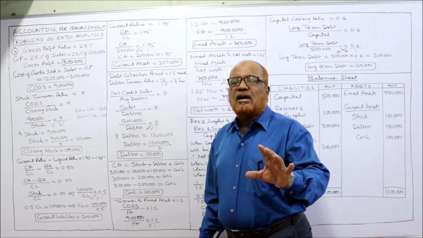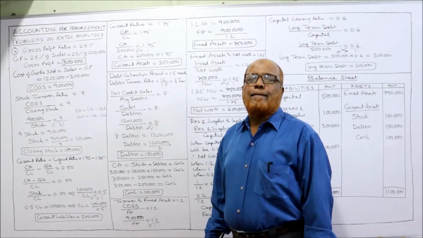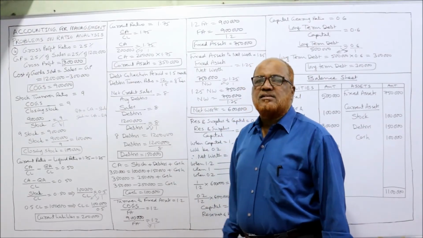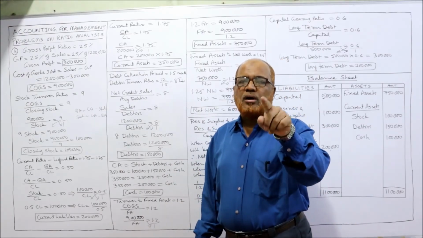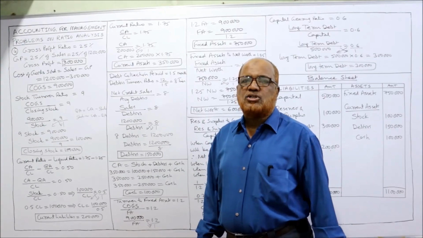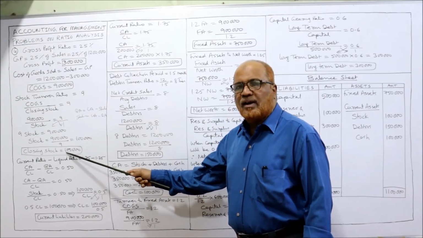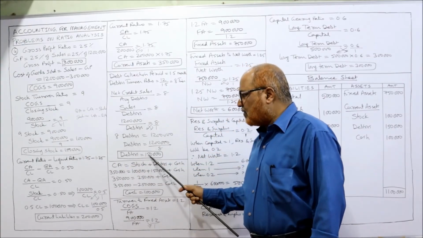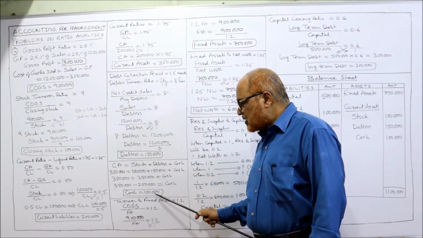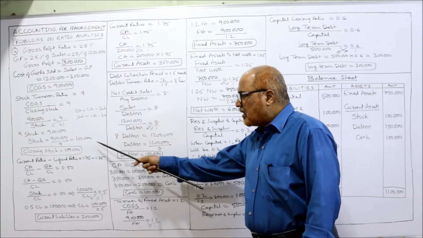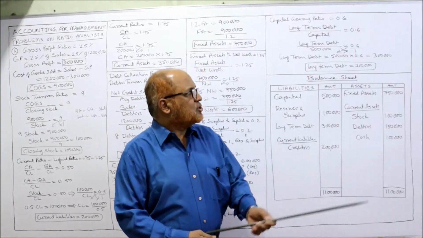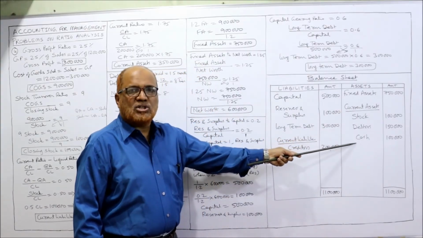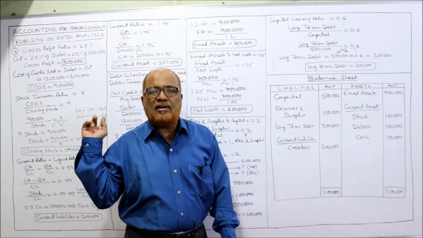But we don't take 3,50,000, we want the breakup. In current assets, we have stock, debtors and cash. The stock is 1 lakh, debtors are 1,50,000 and cash is 1 lakh. So we write down the three current assets: stock, debtors, cash. All these values we have already calculated.